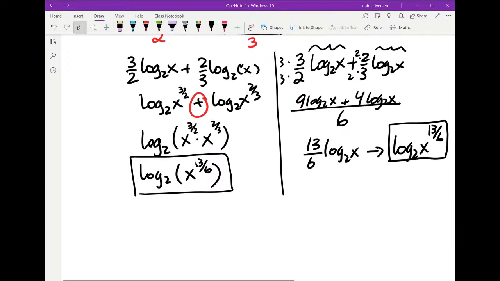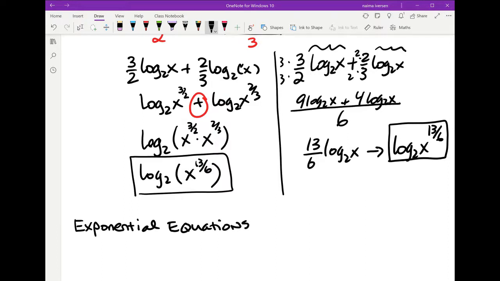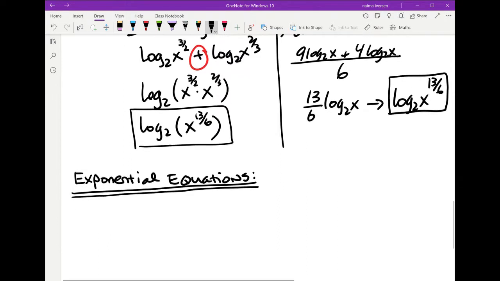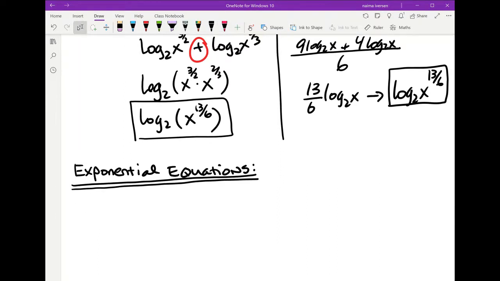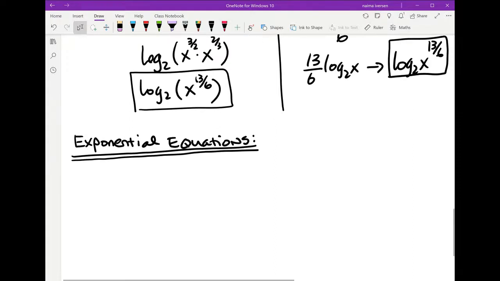All right, now what we want to do is use our change of base law and our calculators to be able to solve exponential equations. So in the last class, we solved log equations. And when we did log equations, one of the methods was to change it to exponent form. With exponential equations, we're going to use logs for some of them.